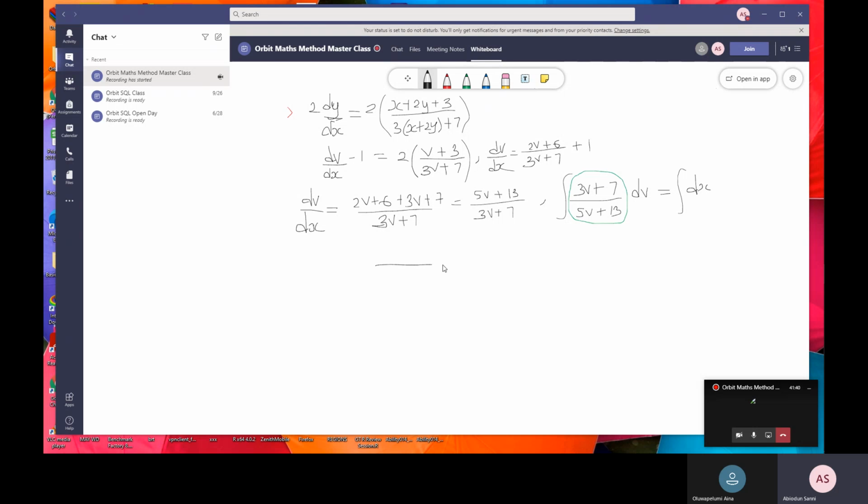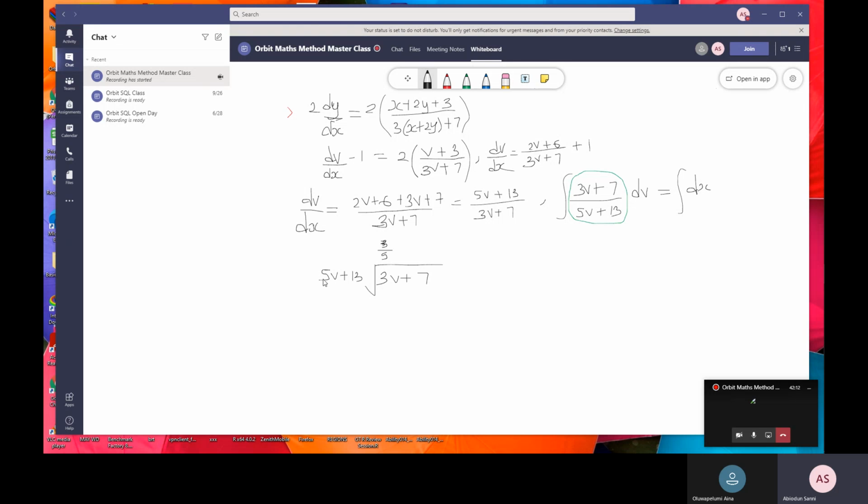So we're going to have 3v plus 7 divided by 5v plus 13. So we're going to do 3v divided by 5v. That's going to give us 3 over 5.